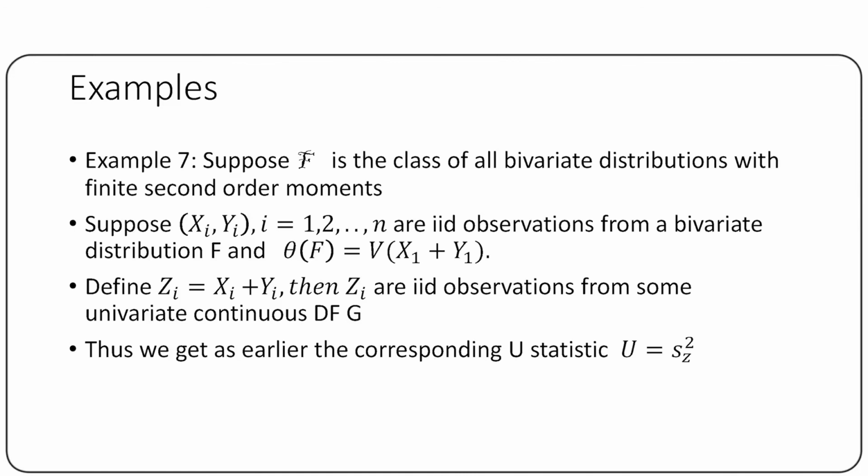The corresponding U statistic is naturally s square z, that is the sample variance based on z observations. Thus, in any case, the basic idea is to define a new variable z having some univariate distribution and reduce the functional in terms of the moments of z and then apply usual methods with z observations.